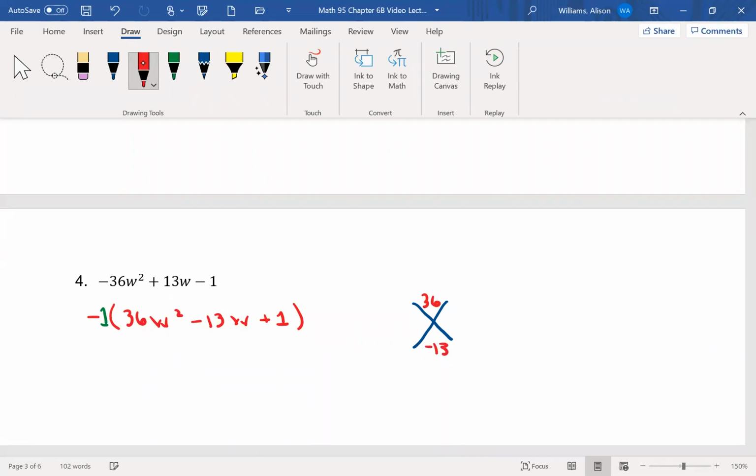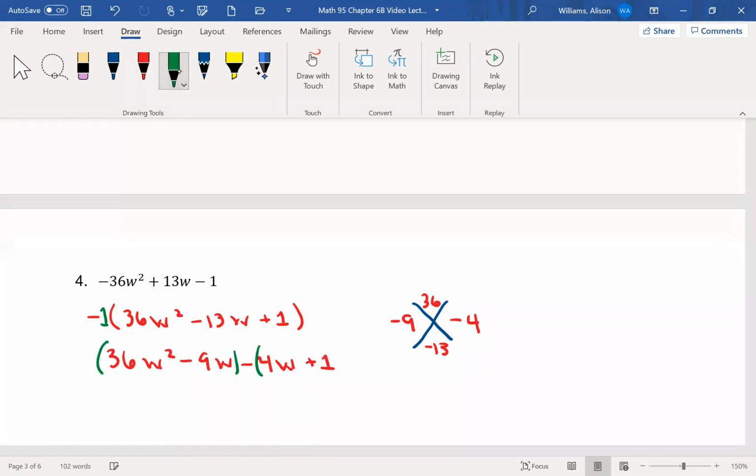So 2 numbers that multiply to be 36 but add to be -13. Well, that's -9 and -4. So I'm going to ignore the negative out in the front. So 36w squared minus 9w minus 4w plus 1.